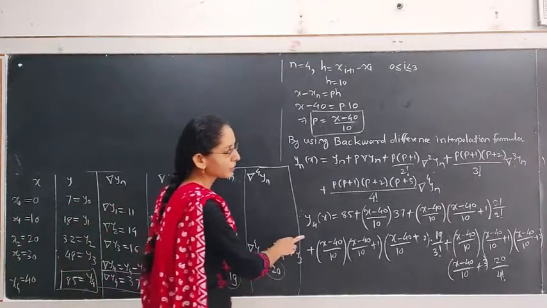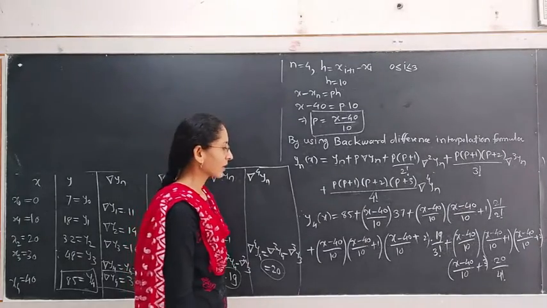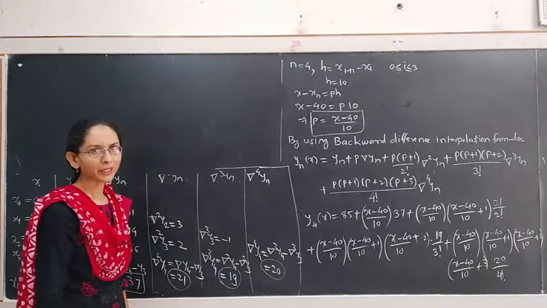This is Newton's backward interpolation formula.